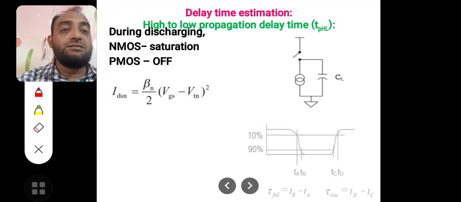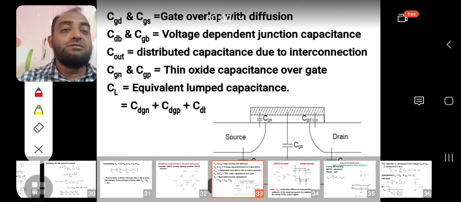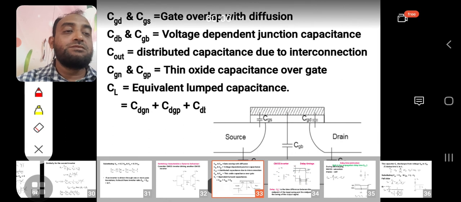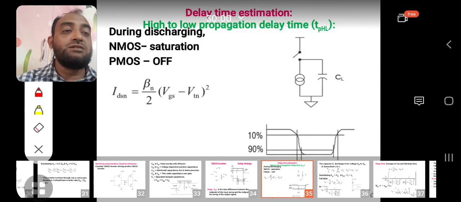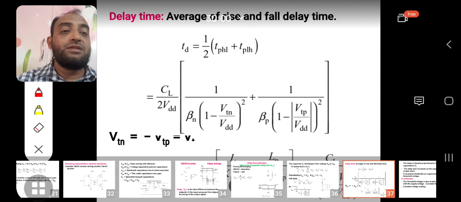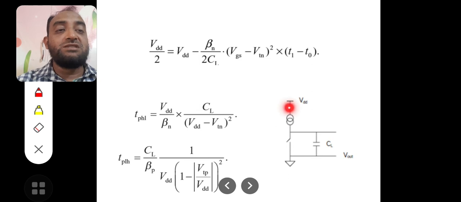The delay time estimation can be made with the help of the diagram. With the help of this diagram, the delay time estimation can be made very simply. The pull-up device acts as a current source and the pull-down device acts as a load capacitance.